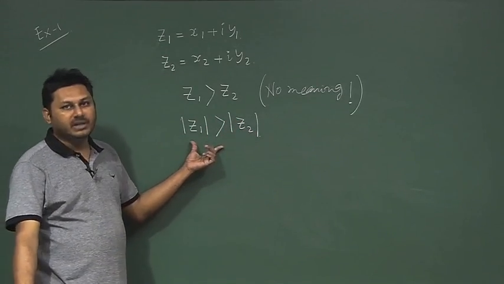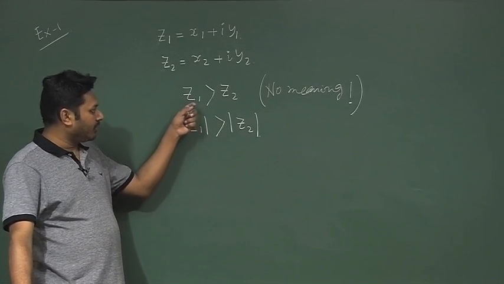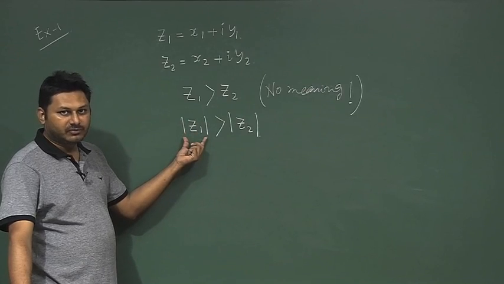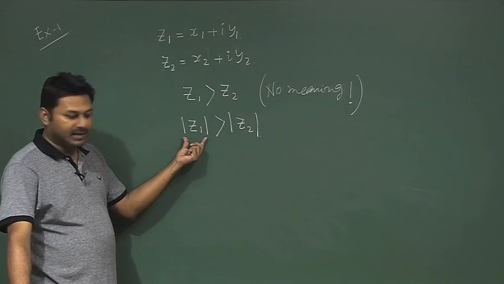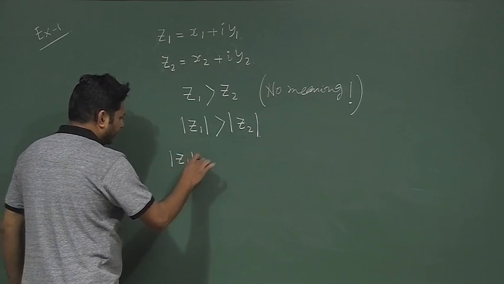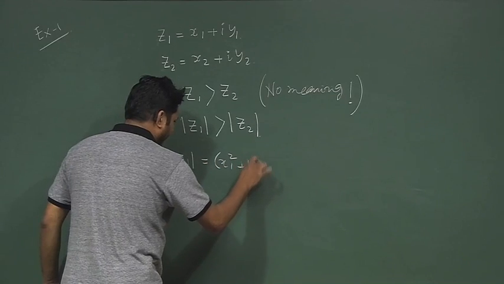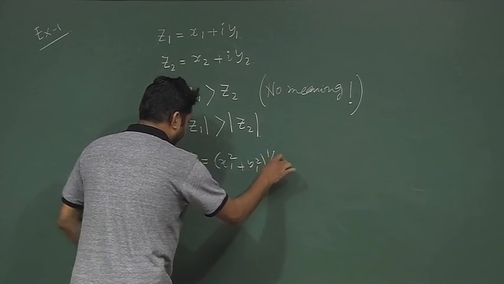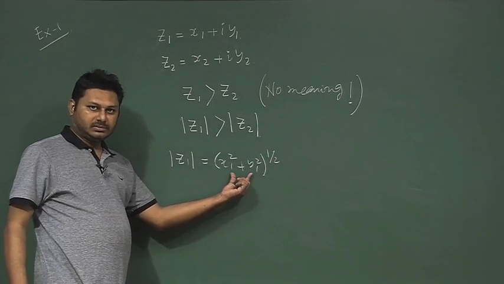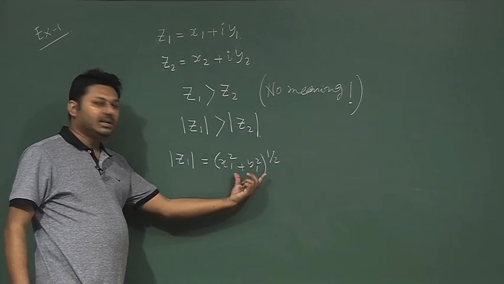However, this is a much more meaningful thing. Why? Because mod of z is not a point, mod of z is some kind of length, a real quantity, as I mentioned earlier. So, what is mod z1? It is x1 square plus y1 square whole to the power half. This quantity is real because x1 and y1 are both real, squared and taken to the power half.